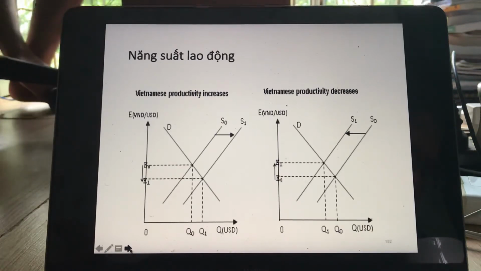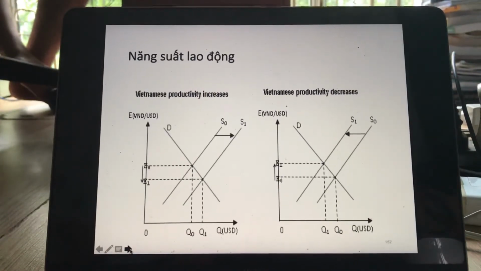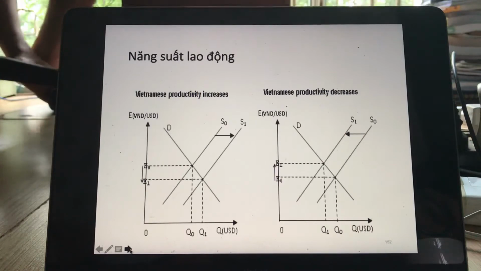I think when the productivity increases, we can lower the price. I mean, the cost. Yes, sure. That's another mechanism. An increase in productivity also means there's a decrease in the cost or the price.